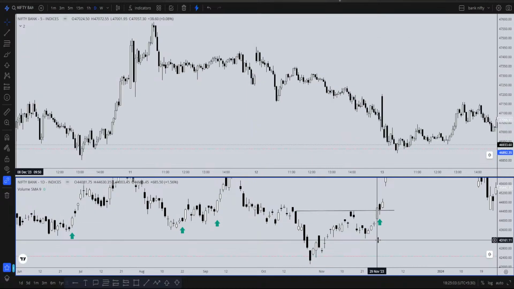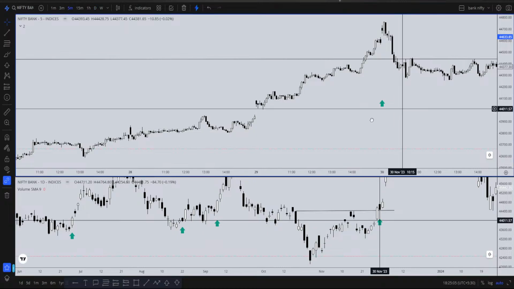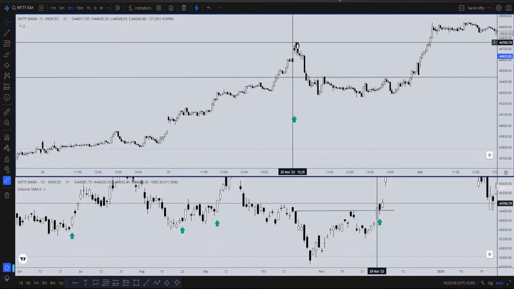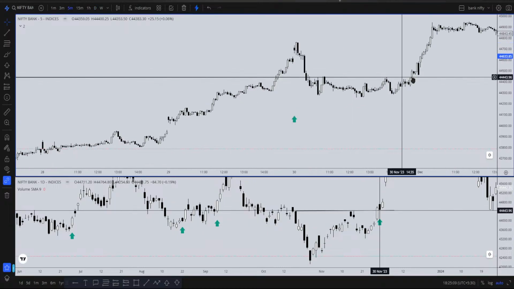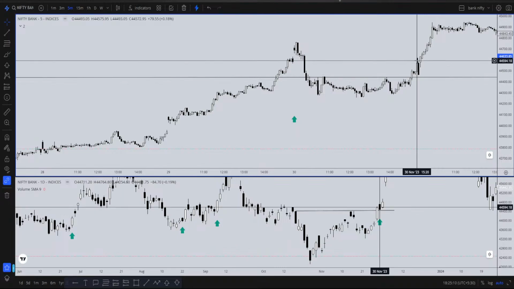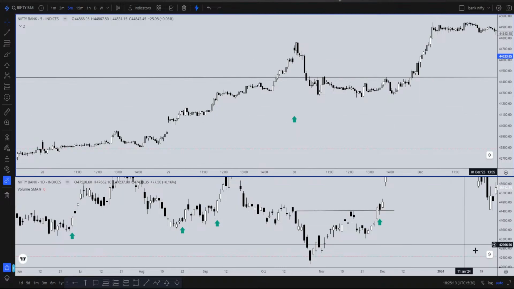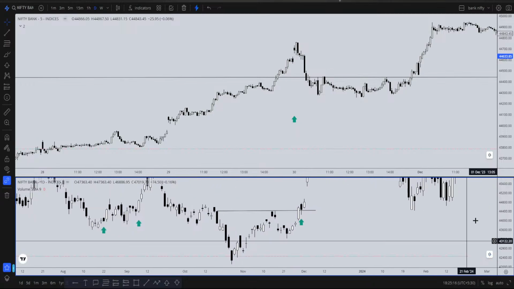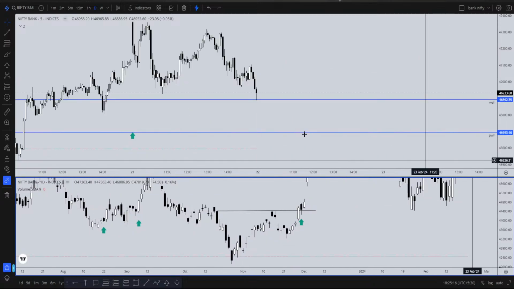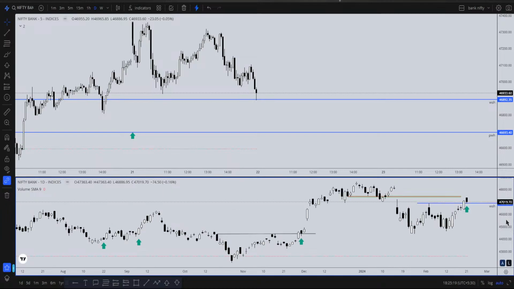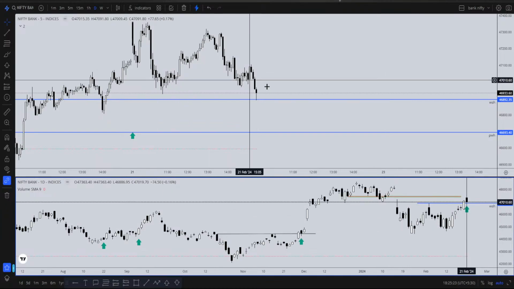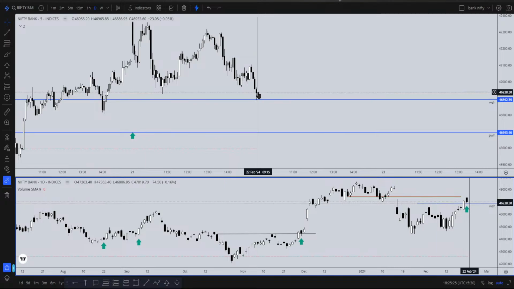So again, if we see over here, the price came down below the level and then again closed above it. So this is not as bad as this day, because the price did not close at its bottom level. Here the price closed at the bottom level.